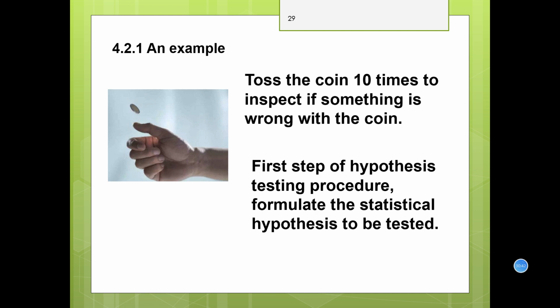We are then prepared to perform the first step of the hypothesis test procedure: formulate the statistical hypothesis to be tested. Actually, we formulate two hypotheses, the null hypothesis and the alternative hypothesis, that correspond to the choice of the two decisions that must be made.